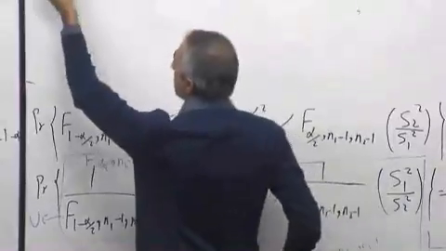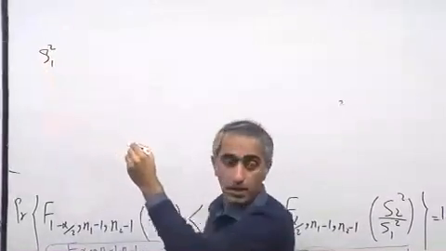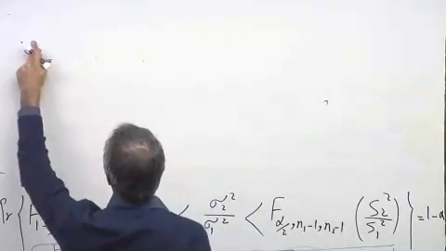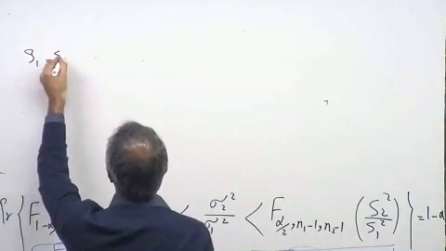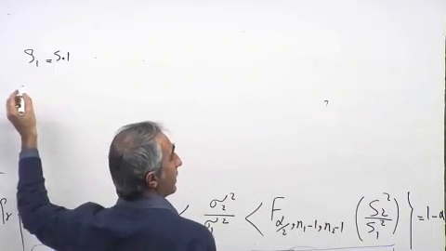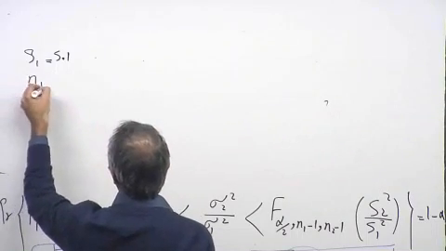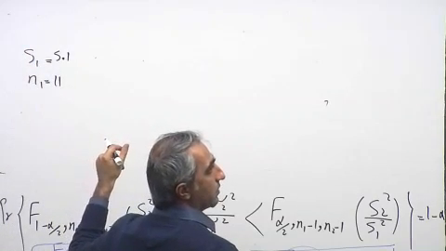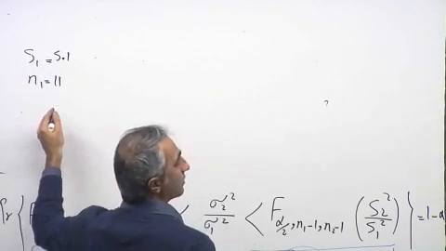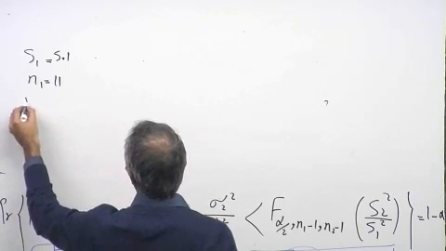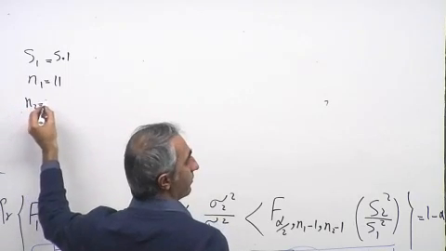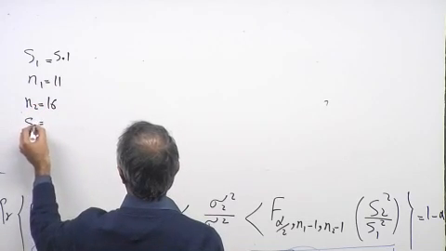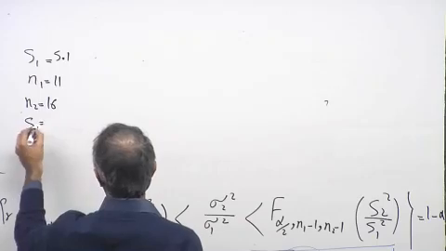We have two samples. For the first sample, s1 equals 5.1 with n1 equal to 11. And for the second sample, we have 16 observations, and the sample standard deviation is 4.7.